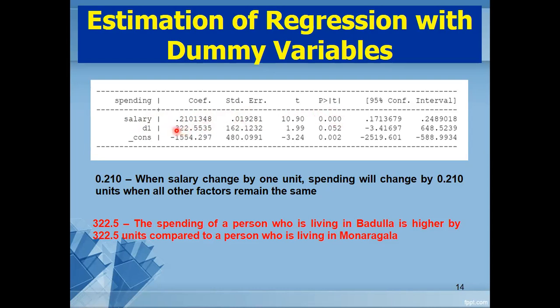The coefficient of the D1 dummy variable is significant at the 10% level. The constant term is statistically significant again at the 1% level.